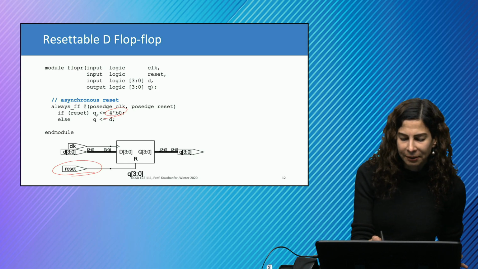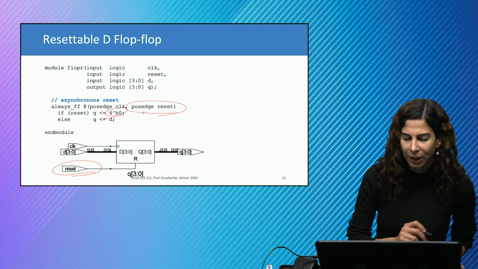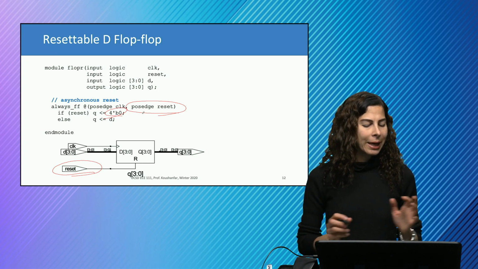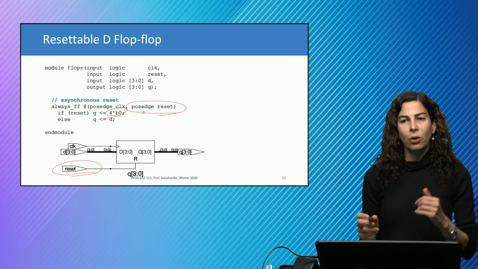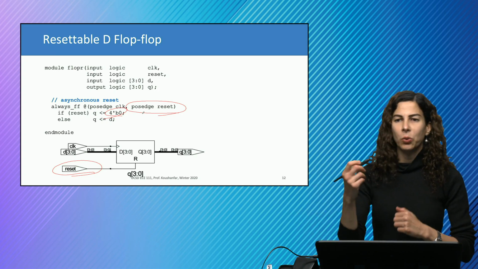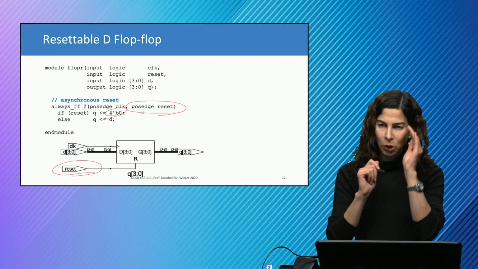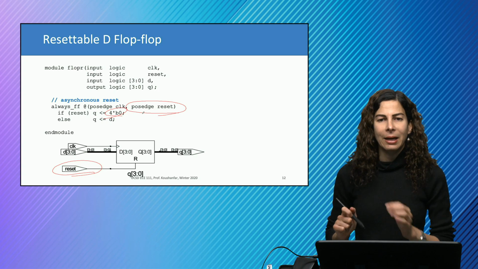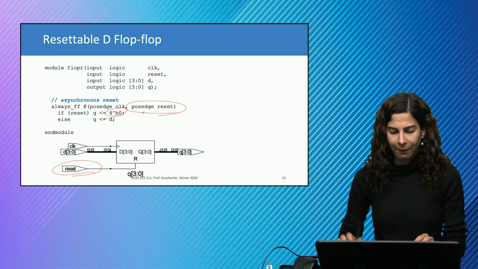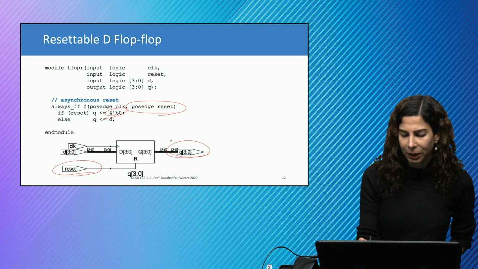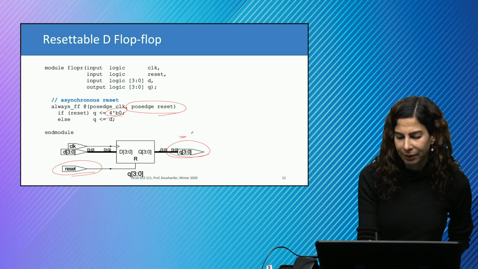In this case, this is sensitive to the positive edge of the reset as well. So as soon as you hit a reset, you're going to reset the value of the output to a given value, in this particular case 0.